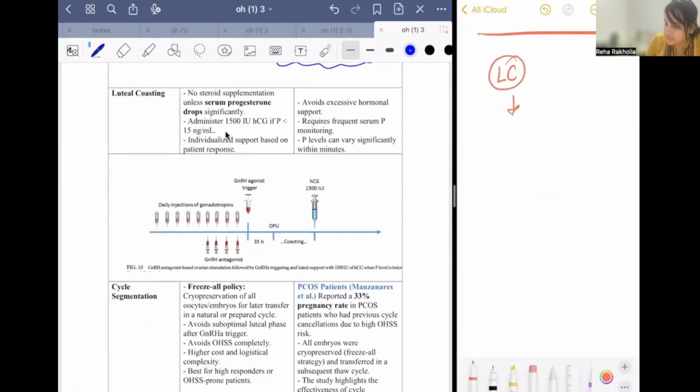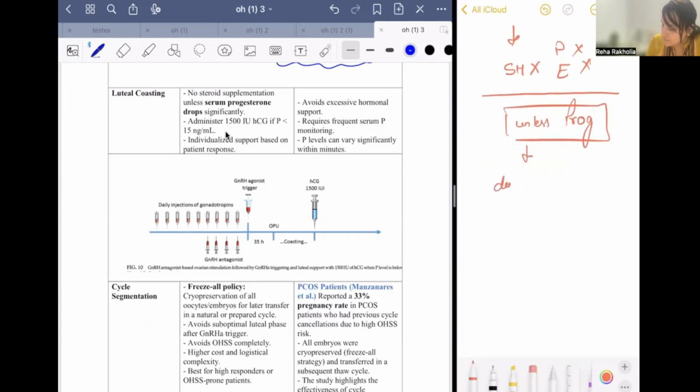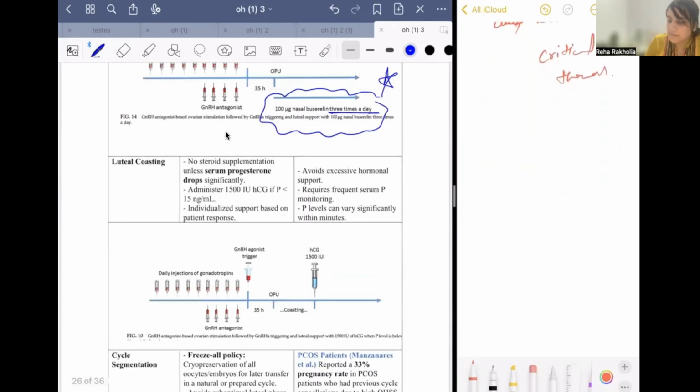Okay, luteal coasting is a method in which no additional steroid hormone like progesterone or estradiol are administered unless serum progesterone level drop below a critical threshold. This approach aims to minimize the risk of excessive hormone stimulation.